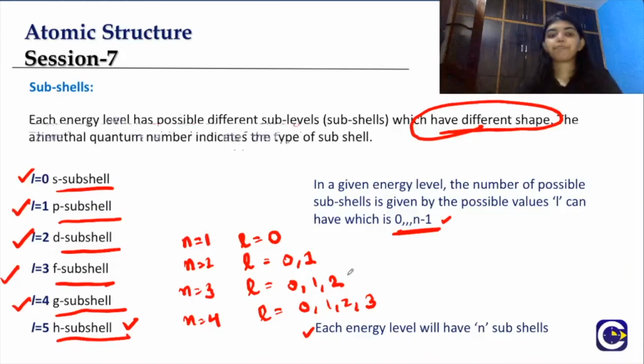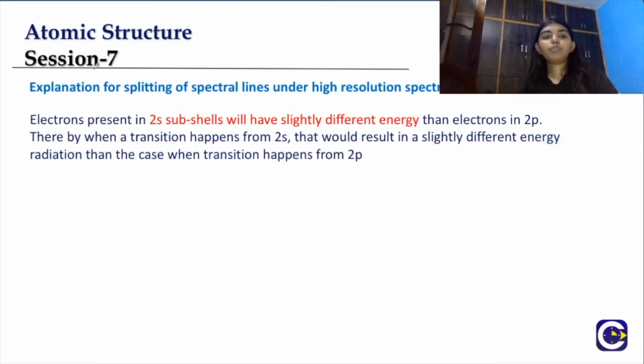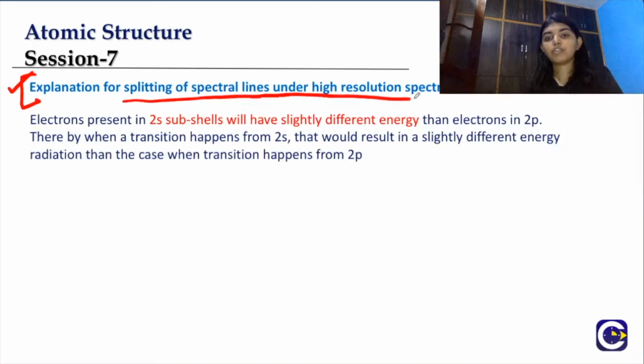Now next we will move on to the explanation for the splitting of spectral lines. Sommerfeld explained the splitting of spectral lines under a high resolution spectrometer, that is, why those extra lines were being observed.